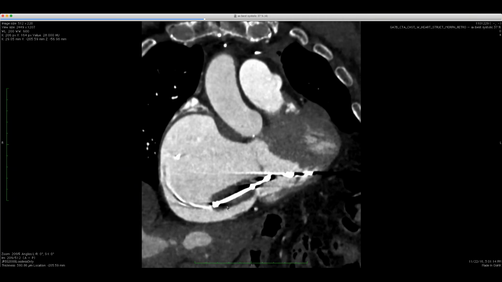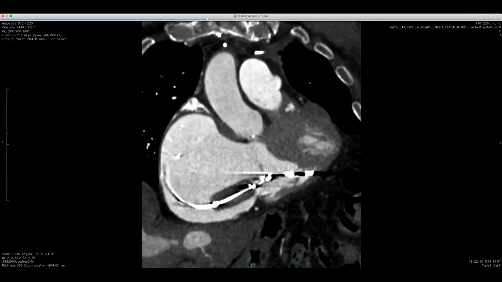The polymer is supposed to traverse the tricuspid valve annulus and the valve itself. Theoretically, it allows a space for coaptation of the tricuspid valve leaflets and also decreases the area of the valve, and it's been in studies, helping decrease tricuspid insufficiency.